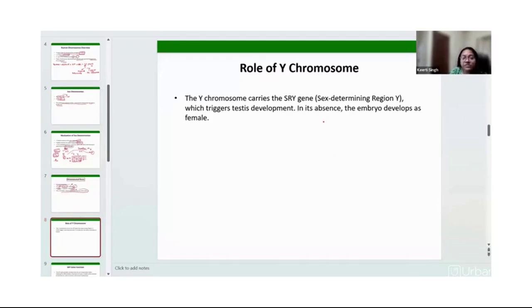So what other role does this Y chromosome play? See, why is the Y chromosome different from the X chromosome? Because the Y chromosome carries the SRY gene. It is the sex determining region, Y, which actually helps in the testis development.